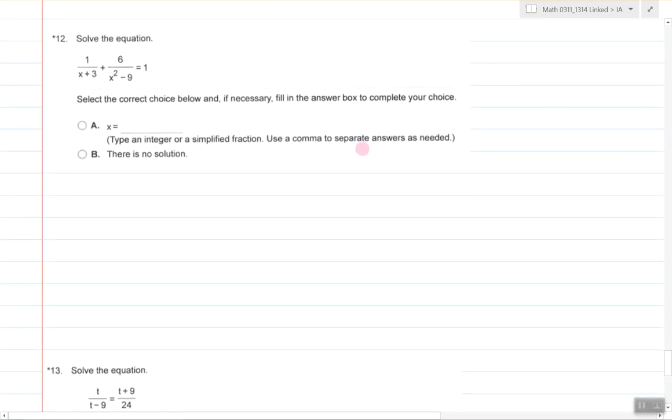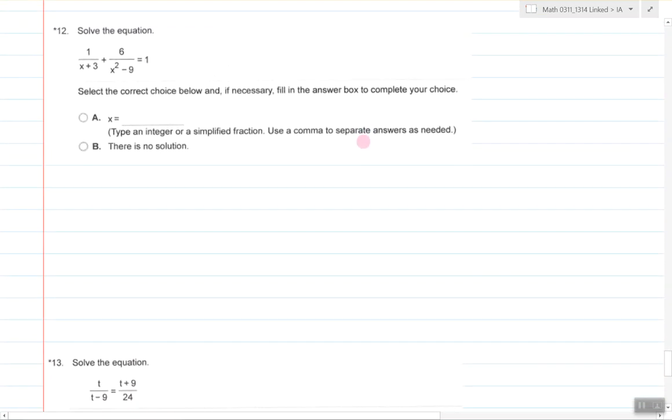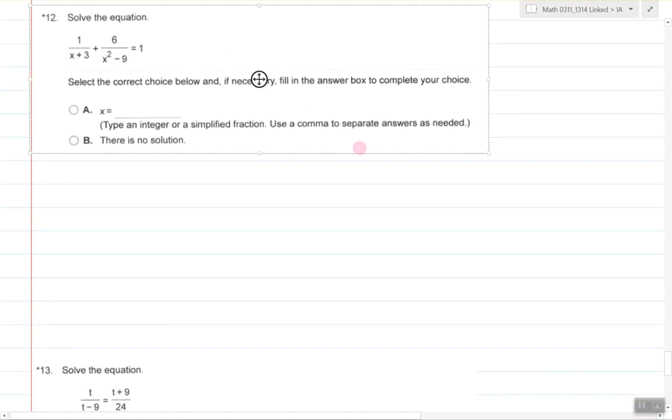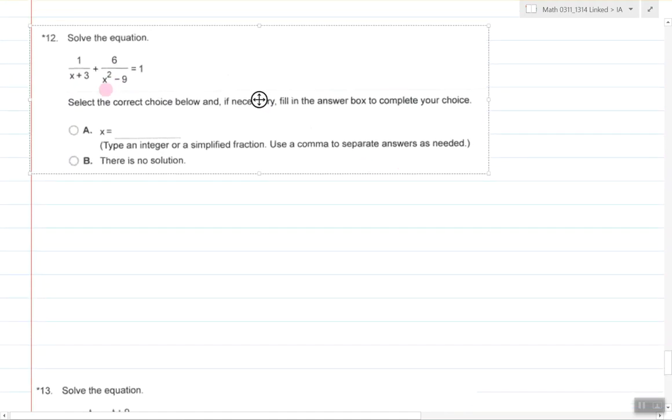Number 12. This is the first problem I've had where I have a fraction. The second fraction, I can factor that denominator. And that's the difference of squares, so I can factor that into x plus 3 times x minus 3. All right, that does a few things for me.